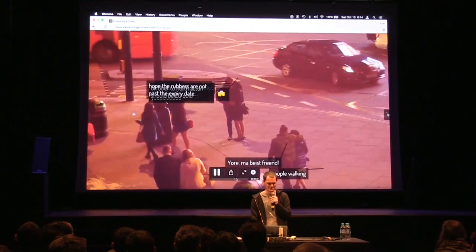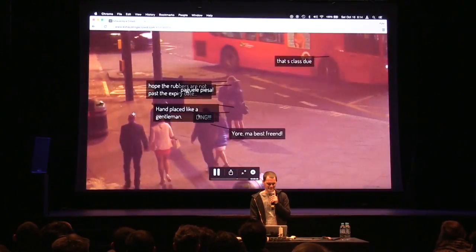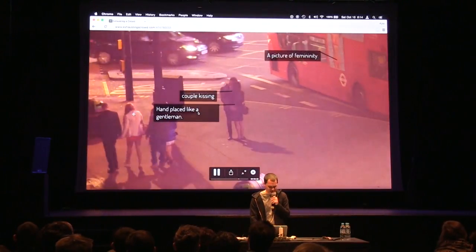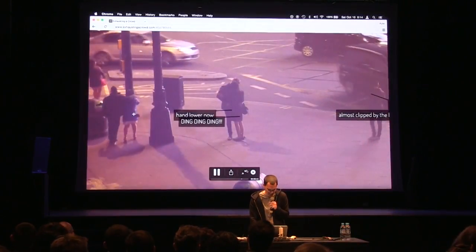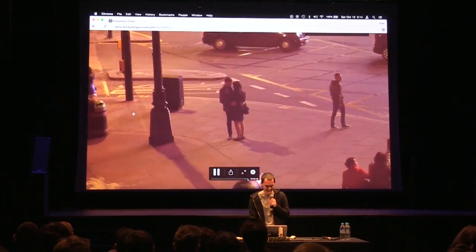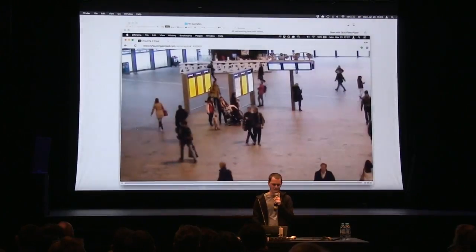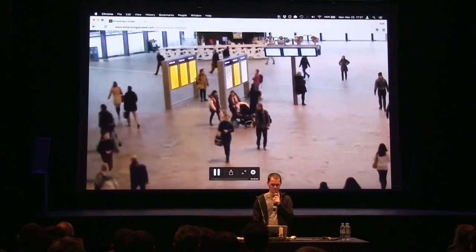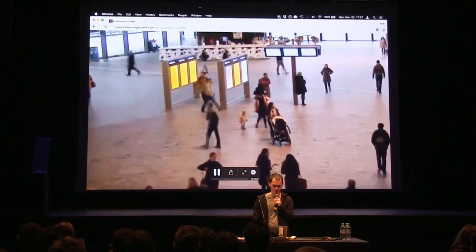And it starts getting kind of questionable, like, hand placed like a gentleman. Someone's really looking closely. Hand lower now. Or like I just did a new iteration in the Netherlands. There's this great scene with this baby walking around.